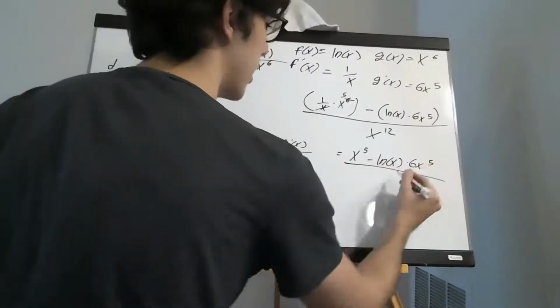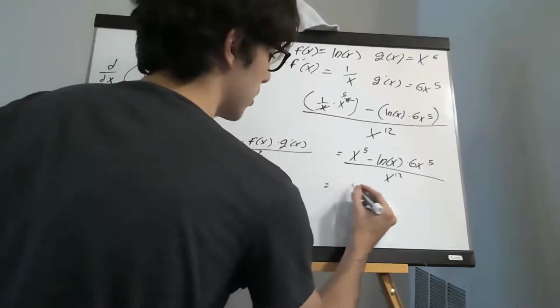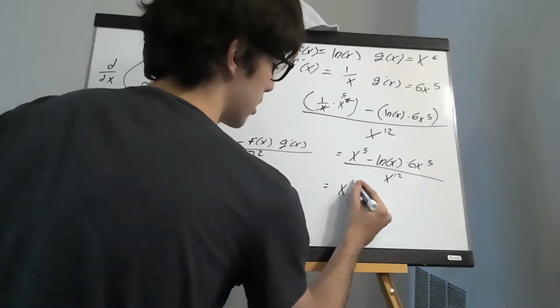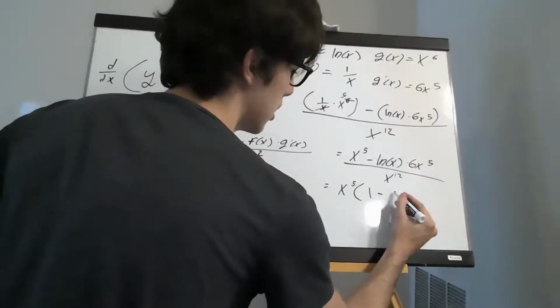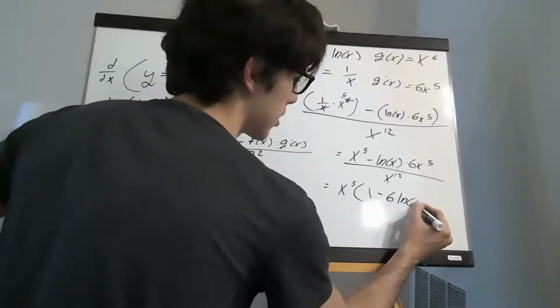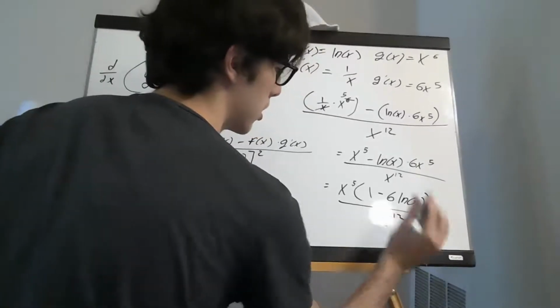We're going to factor that out over x to the 12th. So that's equal to x to the 5th times 1 minus 6 ln of x over x to the 12th.